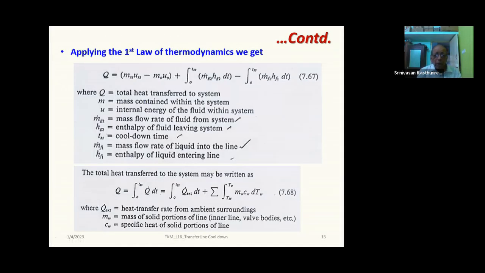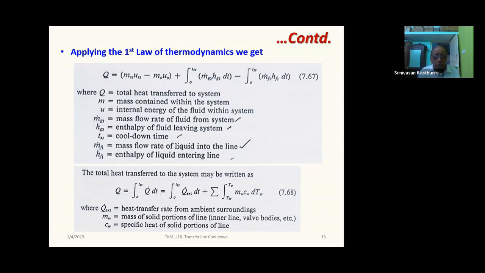Okay, what we are going to do is apply the first law of thermodynamics. What does the first law of thermodynamics say? Q is equal to, it goes for two things. If I apply a certain quantity of heat, one part goes to change the internal energy and another to do some external work.